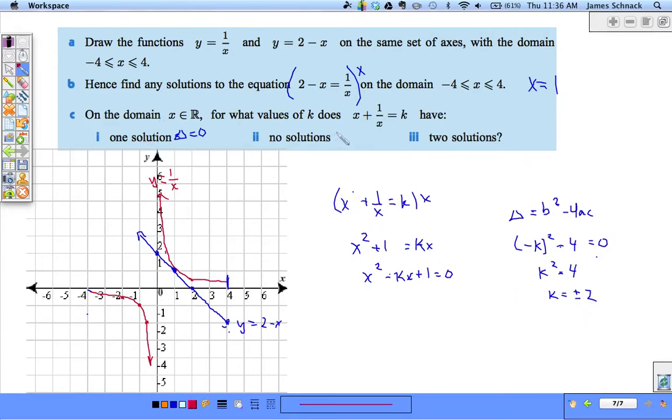Two solutions. That's when the discriminant is greater than 0. So solving this, we get k squared greater than 4, k greater than plus or minus 2. And I always get confused with inequalities and quadratics and square rooting and all that. We should probably go to a sign diagram.